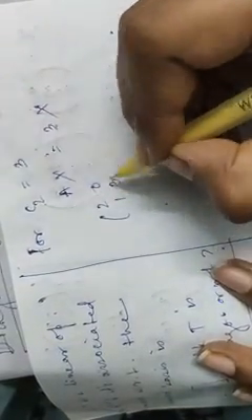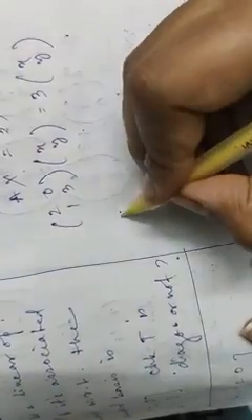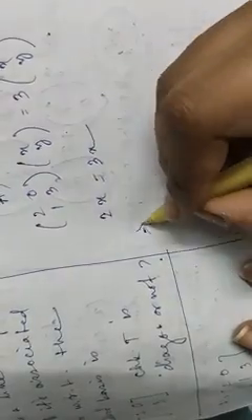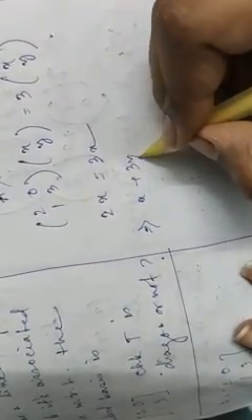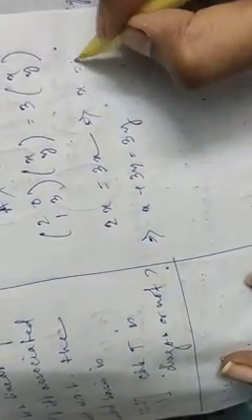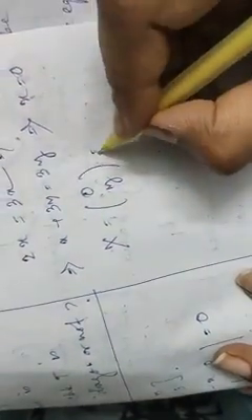So (2, 0, 1, 3) times (x, y) equals 3(x, y). That is, 2x equals 3x, then x plus 3y equals 3y. So from here x equals 0, and from here also x equals 0. So it will be (0, y), that is, y into (0, 1).